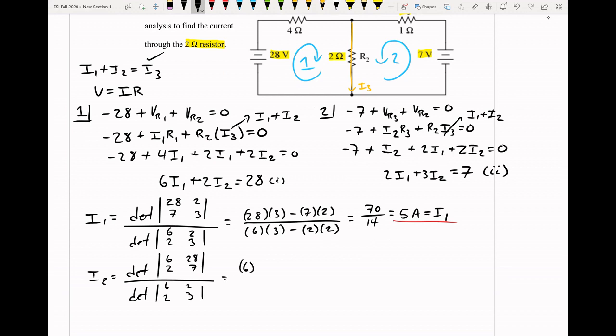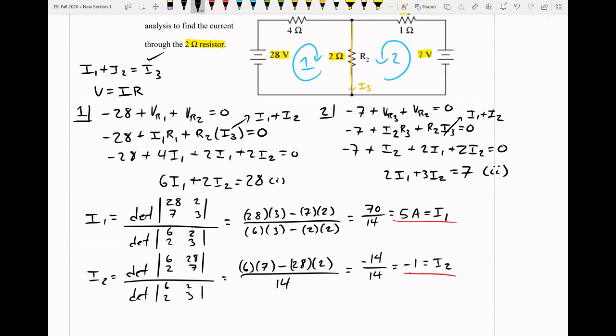So give us 6 times 7 minus 28 times 2 over, we already found this value, so that'll be 14. That should give us negative 14 over 14. So therefore it should be negative 1 for I2. All right. So we got that.